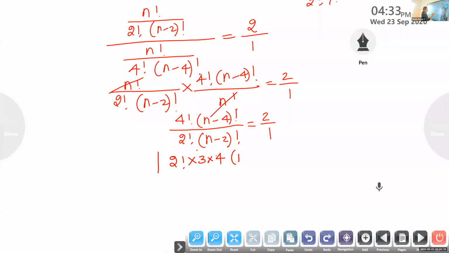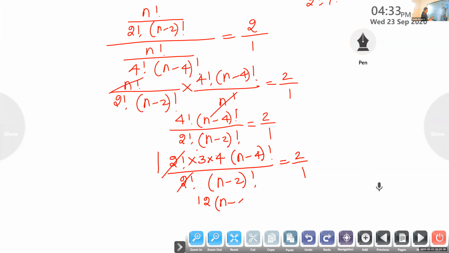So we get 2 factorial into 3 into 4, into (n minus 4) factorial by 2 factorial into (n minus 2) factorial is 2 by 1. Here 2 factorial gets cancelled, so we get 12 into (n minus 4) factorial by (n minus 2) factorial is equal to 2 by 1.